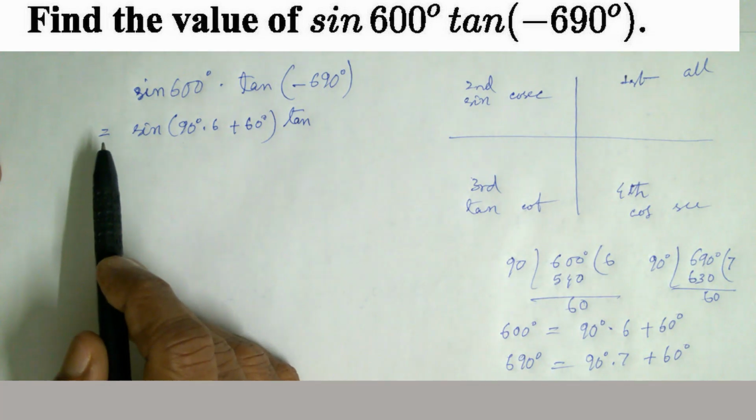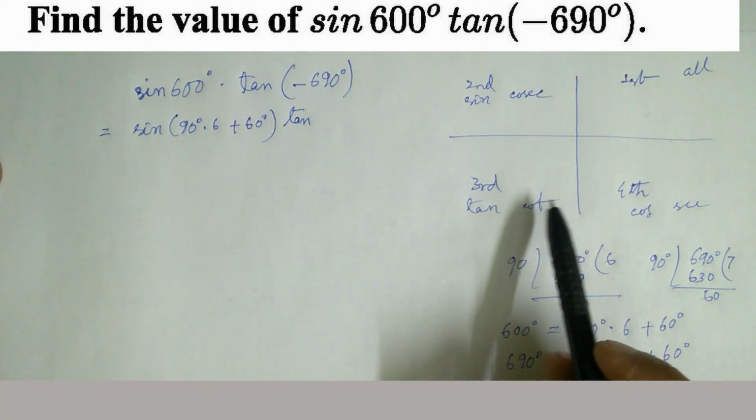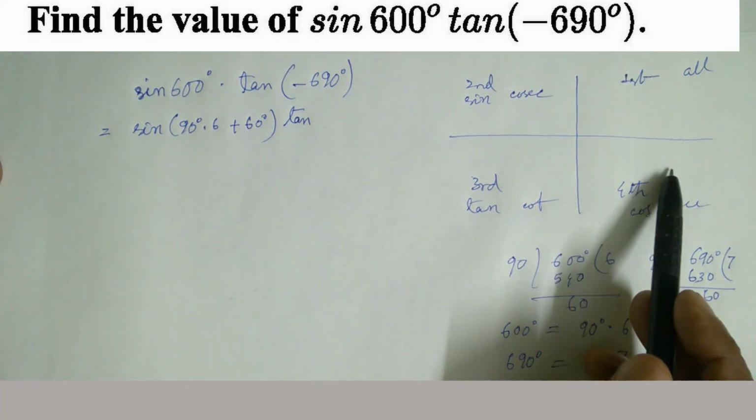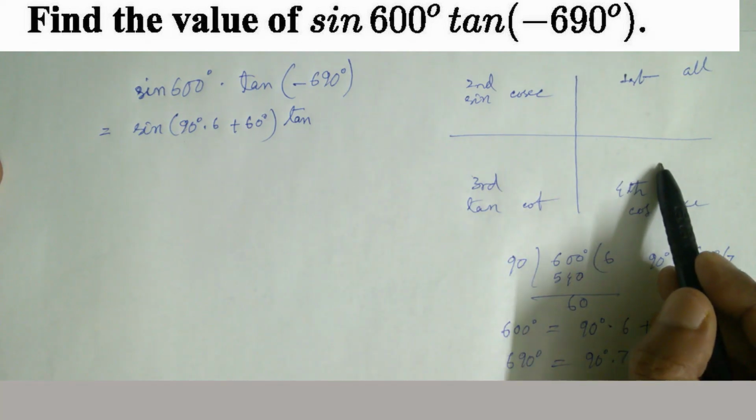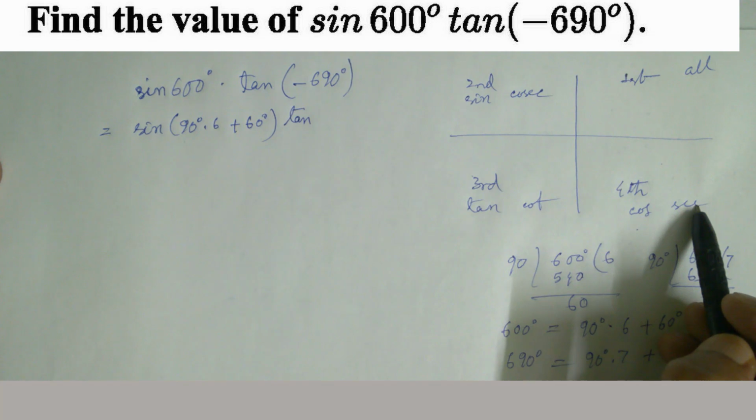See why we will write outside? Because if an angle is falling in the fourth quadrant, except cos, all are negative.